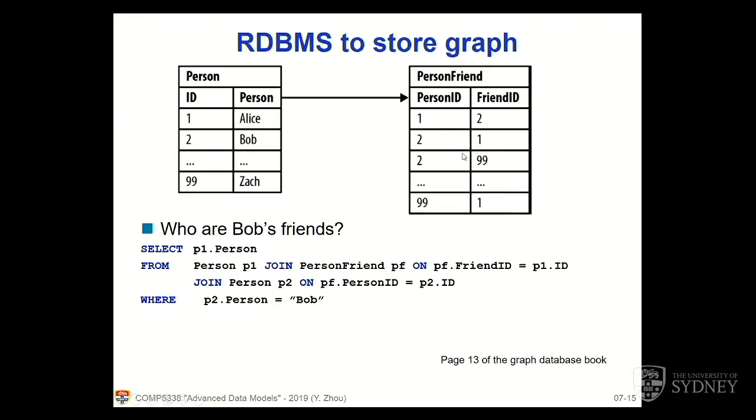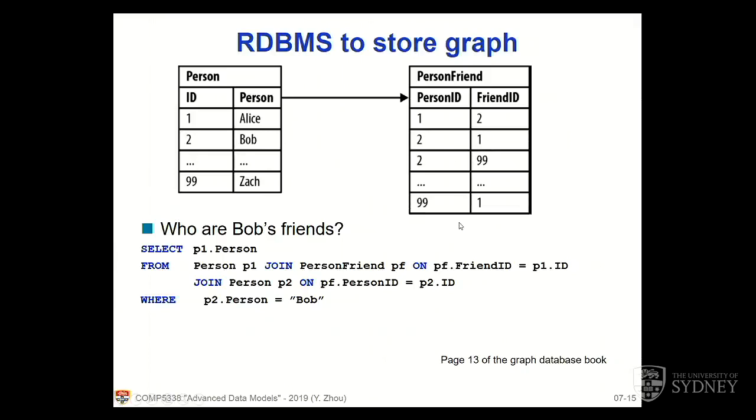Okay, so we can write database queries to answer questions like, who are this person's friends, like who are Bob's friends? But to be able to do that, we need to get information from the 2 tables, right? Which means we need to join them using the IDs.